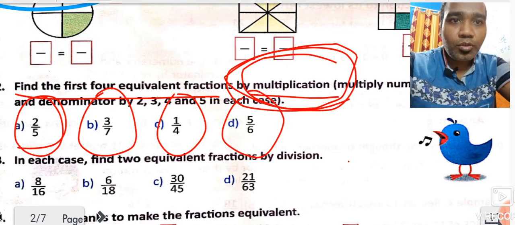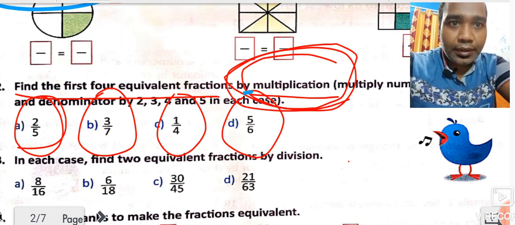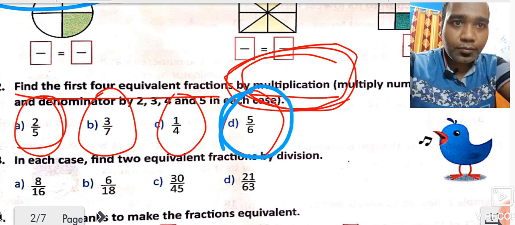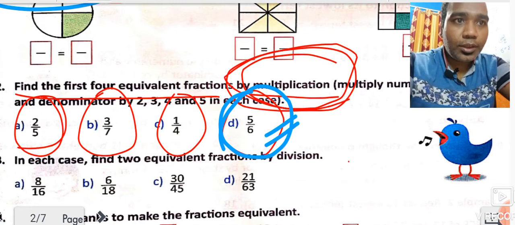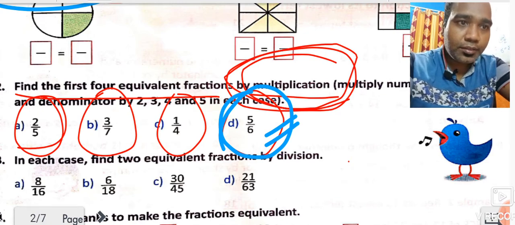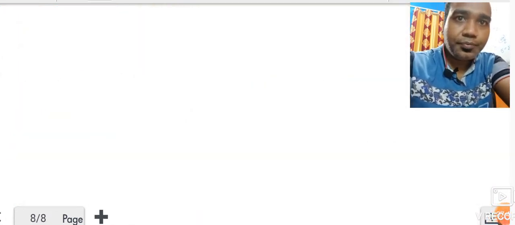Okay. So this question number D I am going to solve for you. 4 equivalent fractions of 5 by 6. Got it? Okay. So what is your question?